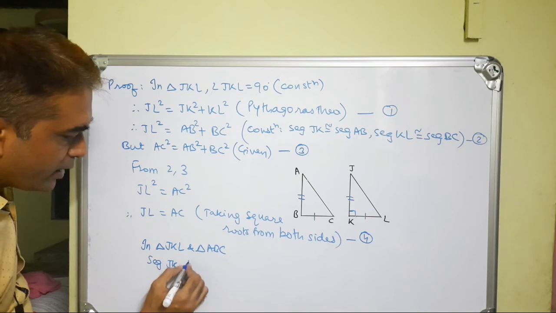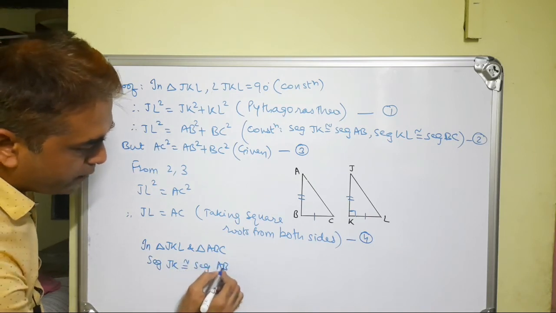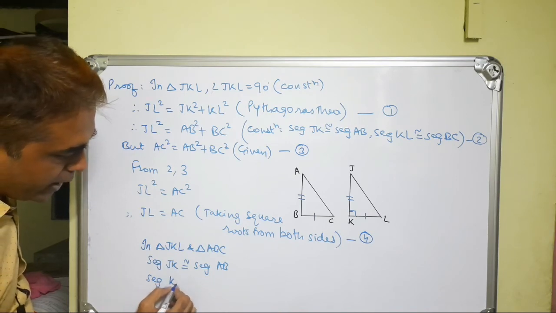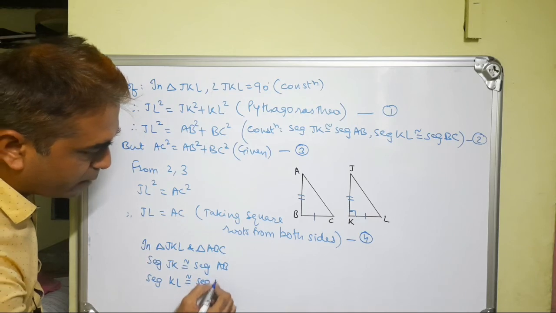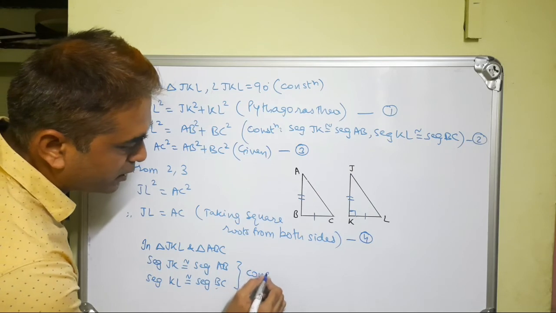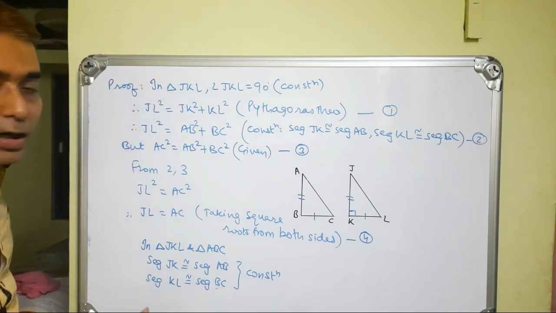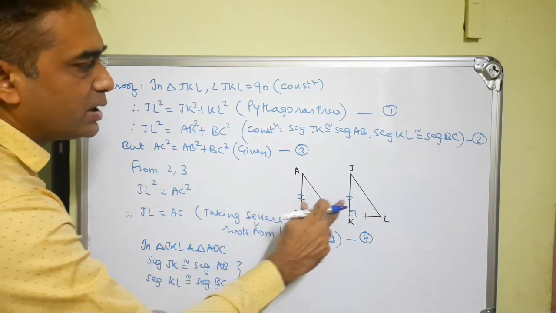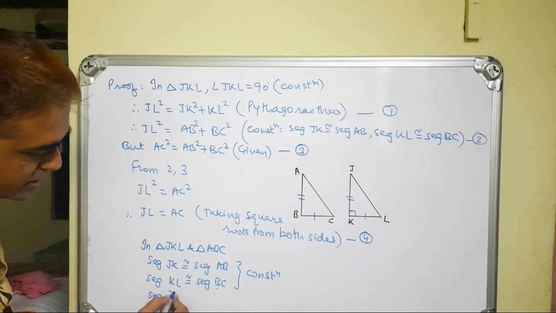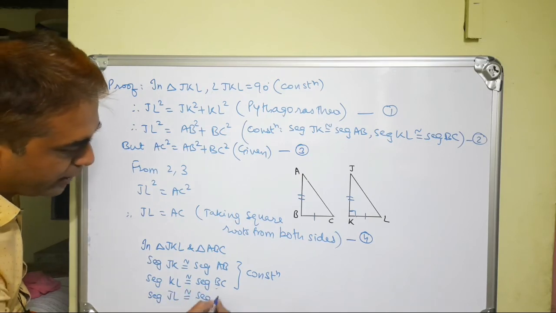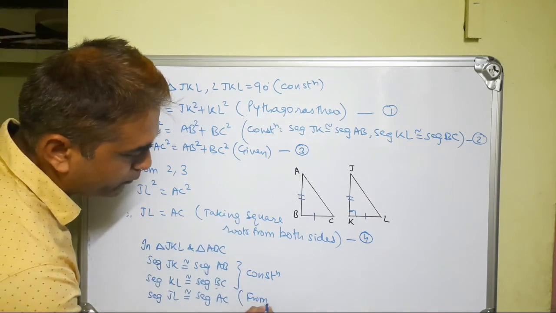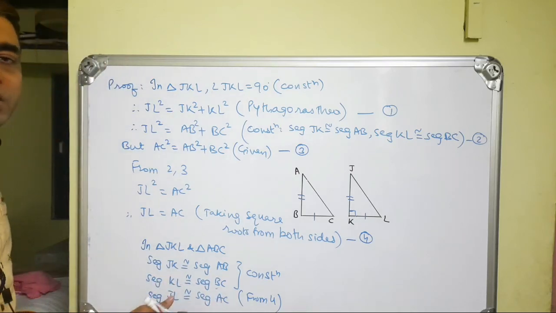Segment JK is congruent to segment AB, and segment KL is congruent to segment BC. This is as per construction. And the third pair of sides is also congruent, that is segment JL is congruent to segment AC. This is from statement number 4. So three pairs of sides are congruent.